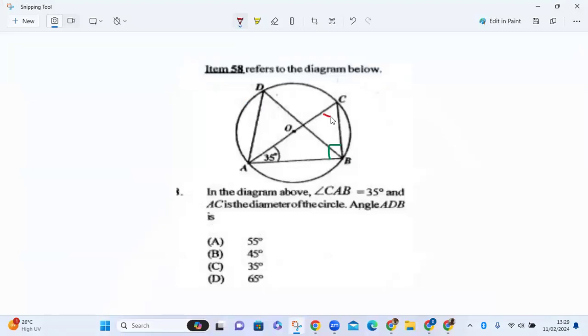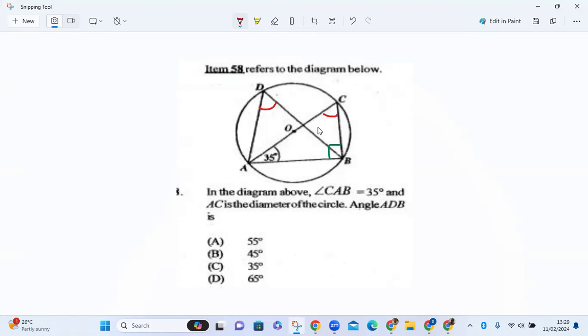ACB, whatever it is, we don't know yet, and ADB are equal. But we also know that the three angles in a triangle add up to 180 degrees. You can deduce all of that even without looking at the question yet. So clearly, if we subtract 35 from 90 degrees, we're supposed to get BCA, because CBA is already 90 degrees. Three angles in a triangle add up to 180 degrees.